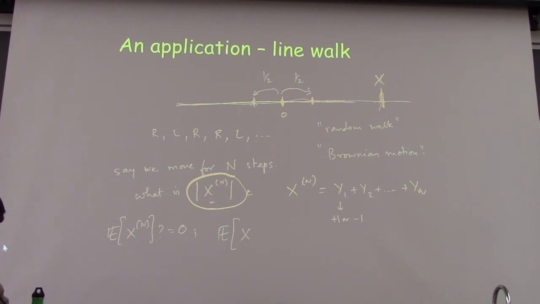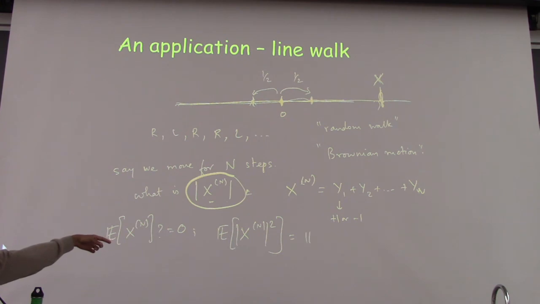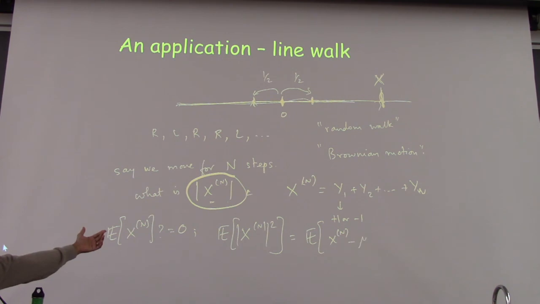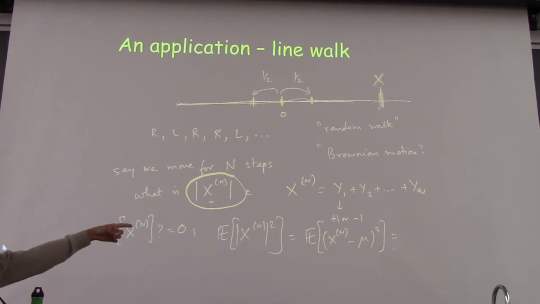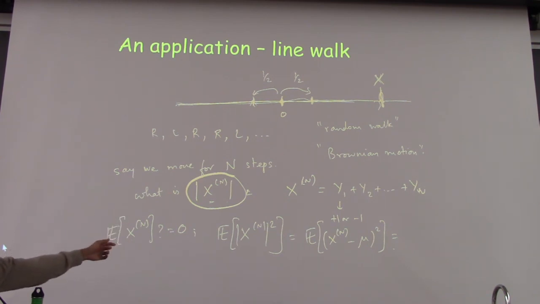You would just look at xn squared. This is exactly the variance of xn, because the expected value of xn is 0. So you can write this as the expected value of xn minus mu, which is 0, squared. This is the sum of the variances, and there are n terms. Each one you can compute the variance. It will turn out to be 1. So this is exactly n.